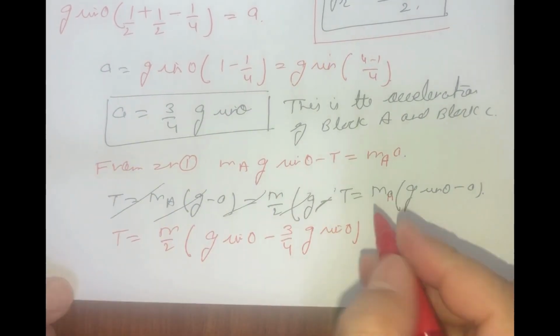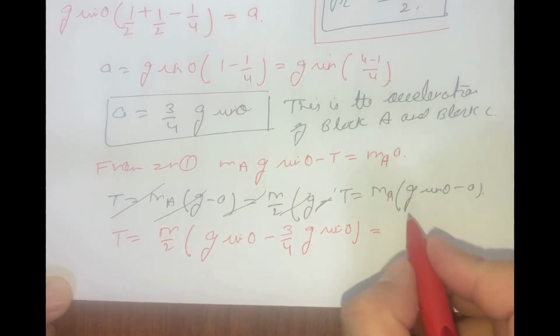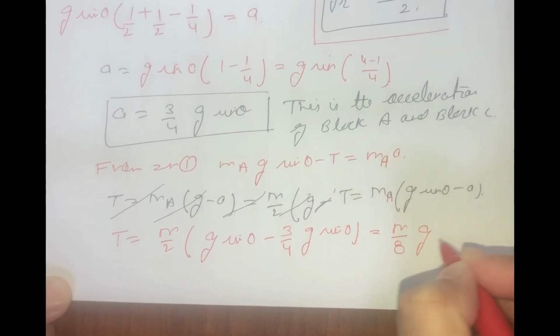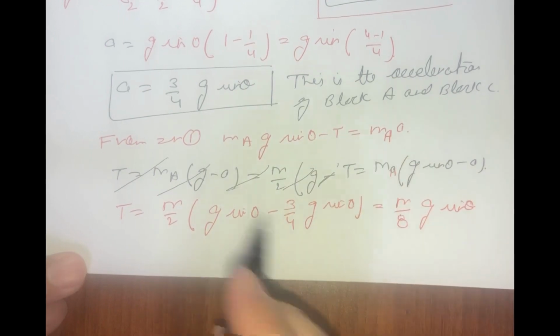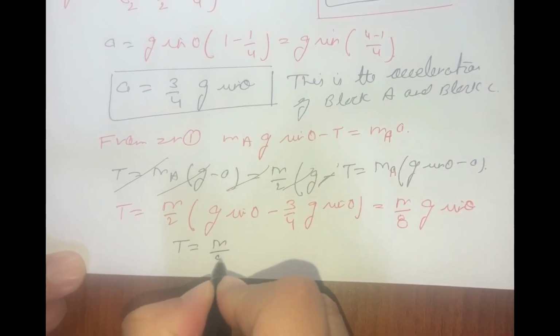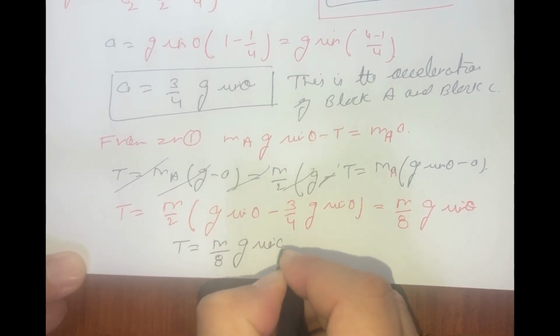and you can say this will be equal to m by 8 g sine of theta. Okay, so you can say the tension T is equal to m by 8 g sine of theta.